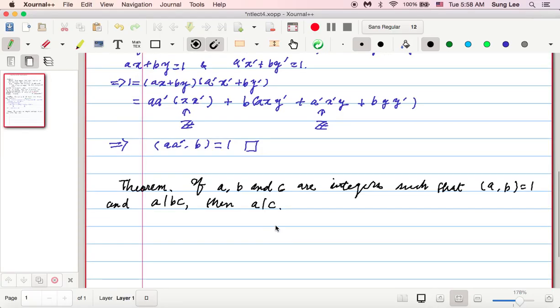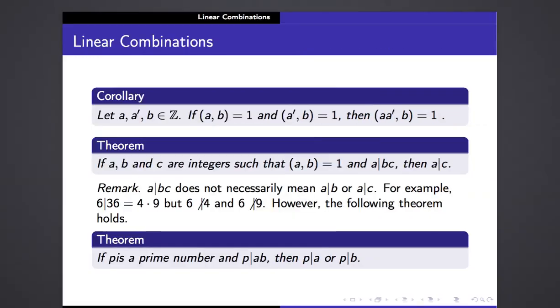Like I said earlier, every time you see a statement involving two relatively prime numbers, and you try to prove it, always remember to try the corollary I was talking about, since I'm not using corollary numbers.